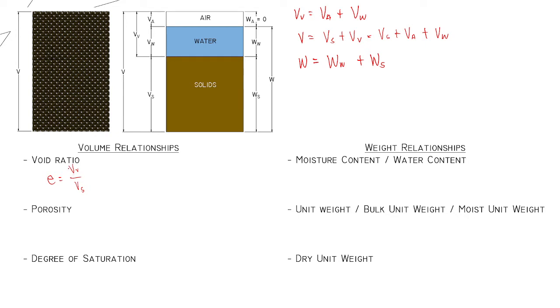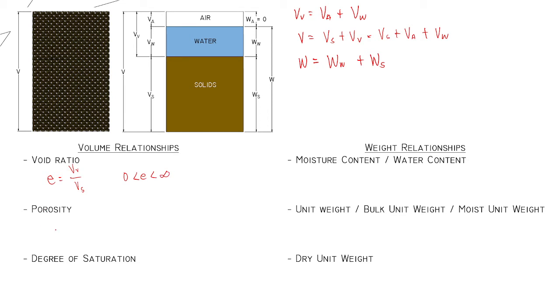The volume of voids can be very small as compared to the volume of soil solids or vice versa. So the range of the void ratio e can be in between 0 to infinity.